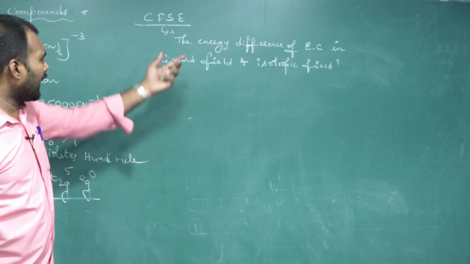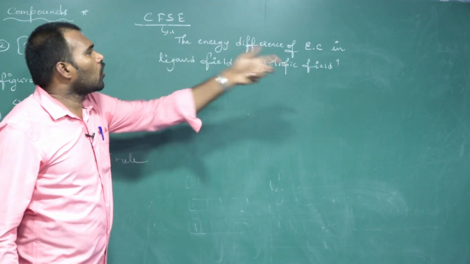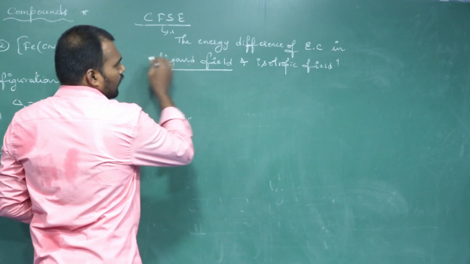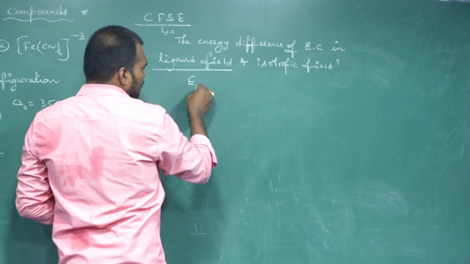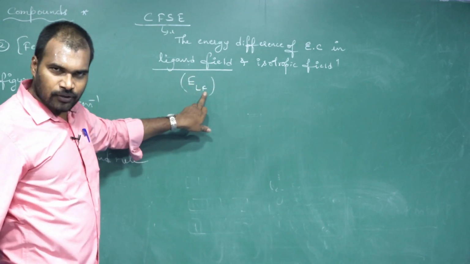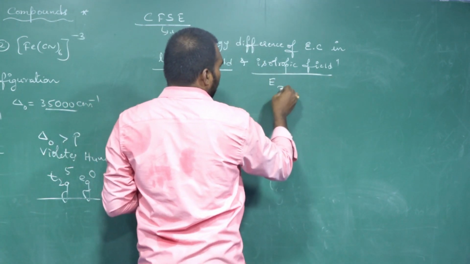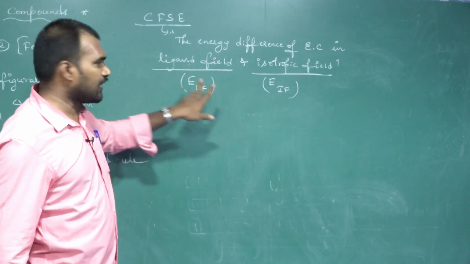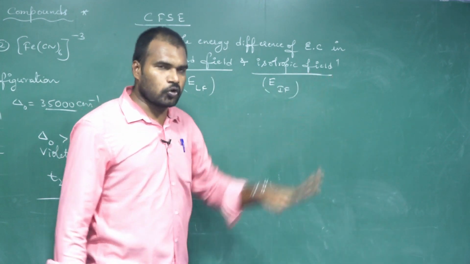It's nothing but the energy difference of electronic configurations in the ligand field. The energy of the ligand field I am writing as ELF, and the isotropic field as EIF, the energy of the isotropic field.